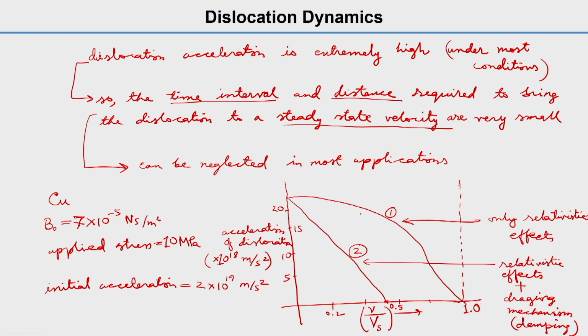In curve 1, what happens is the acceleration steadily decreases and becomes 0, and if drag is present, as in number 2, the steady state velocity will be 0.5 times the shear wave velocity at that applied stress level. We have 10 megapascal here.